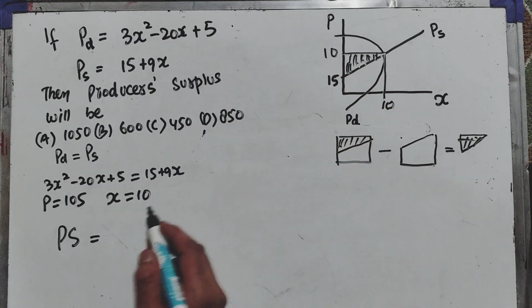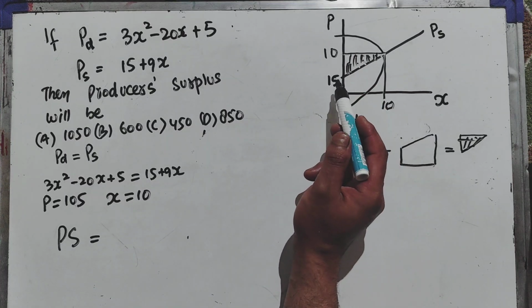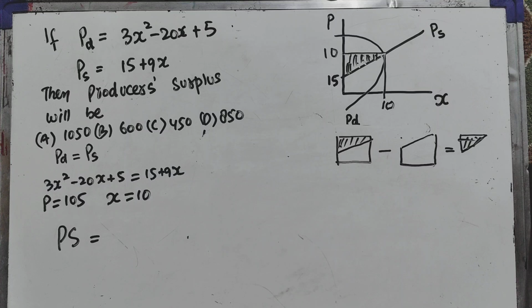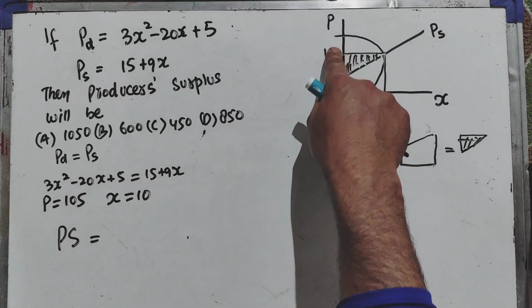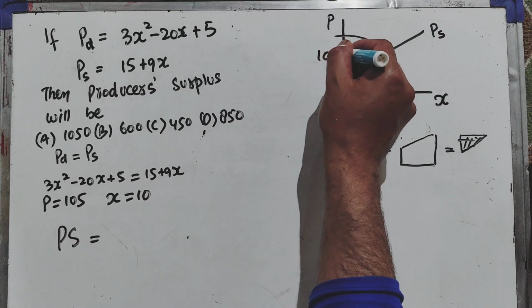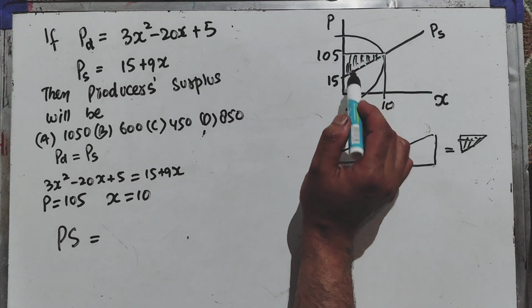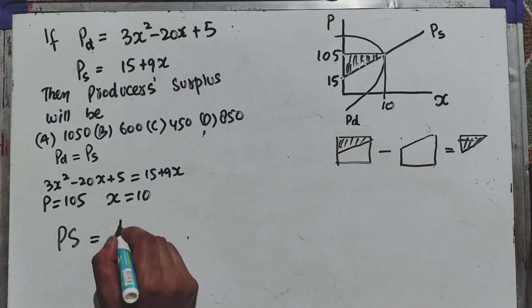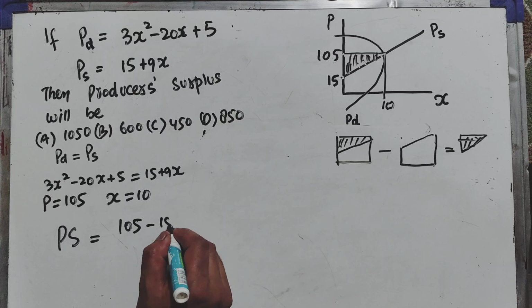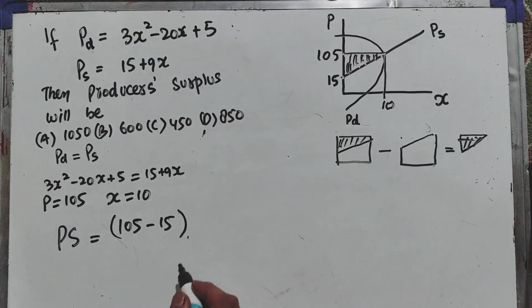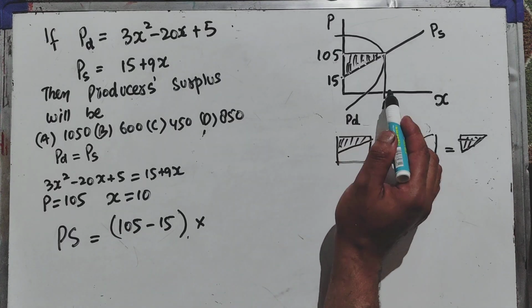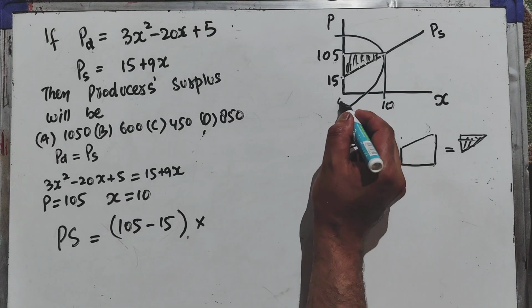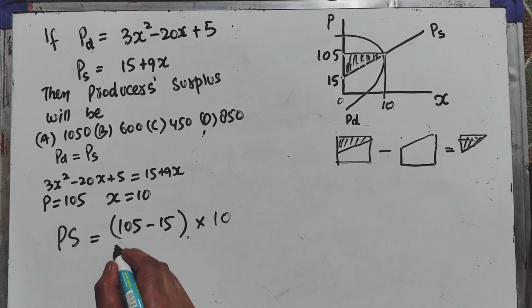The price is 105 here, and this length is 105 minus 15, which is the base, times the height, from 0 to 10, divided by 2.